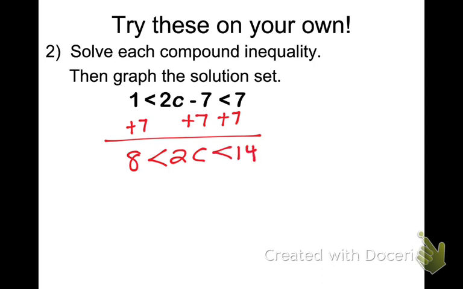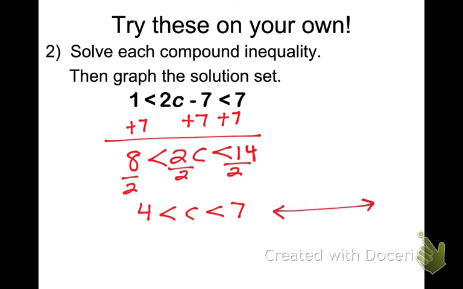And then I'm going to divide by 2. So then we get 4 less than c less than 7. So on a graph, we would have 4 and then 7.